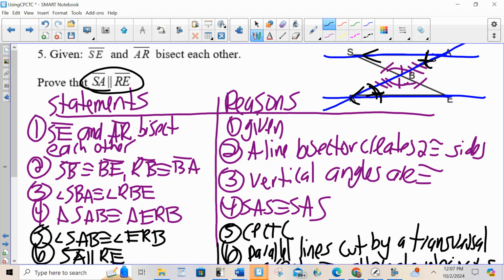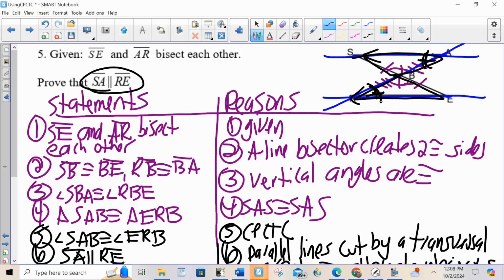So we had to use CPCTC once these triangles were congruent to get angle A and angle R. And once I had that, those are alternate interior angles. Those are congruent, then the lines are parallel. So everything in this lesson, there's really three things here.